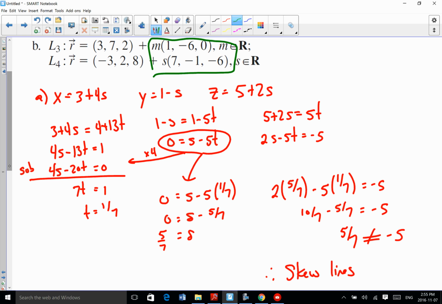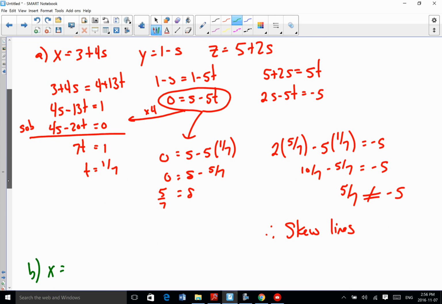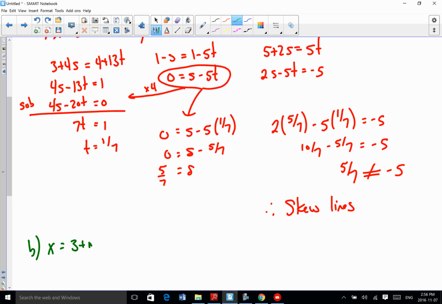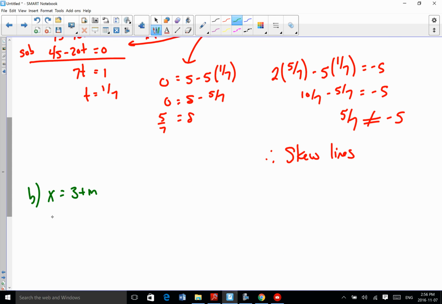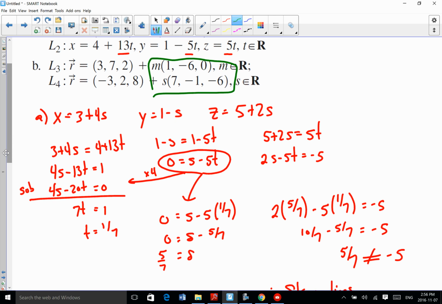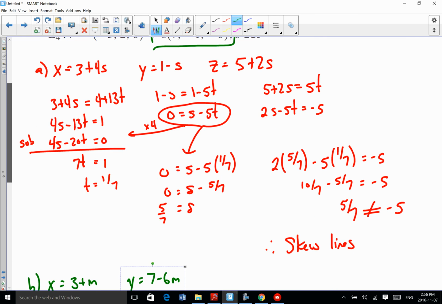I'm going to set my parameters. So we're doing B here. X equals 3 plus m. I'm going to do the other one right underneath it. X equals negative 3 plus 7s. The y's will be 7 minus 6m, and the other y was 2 minus s.